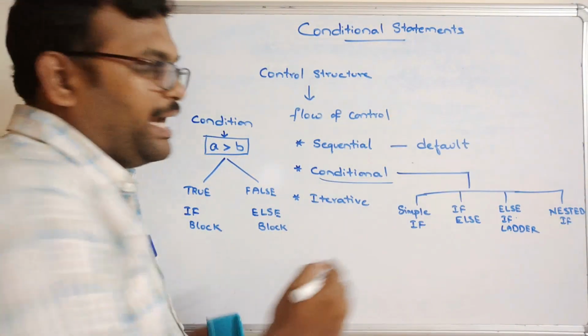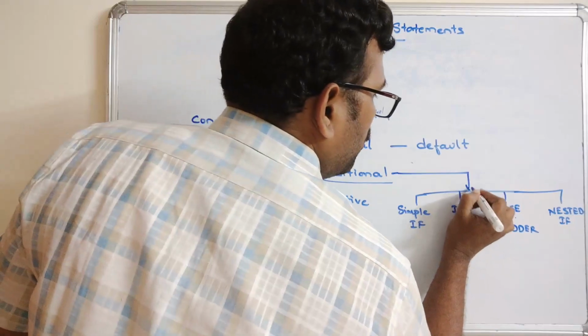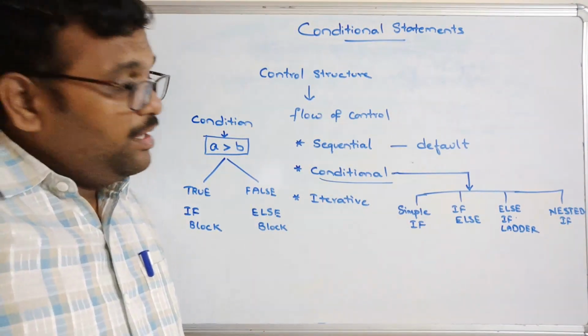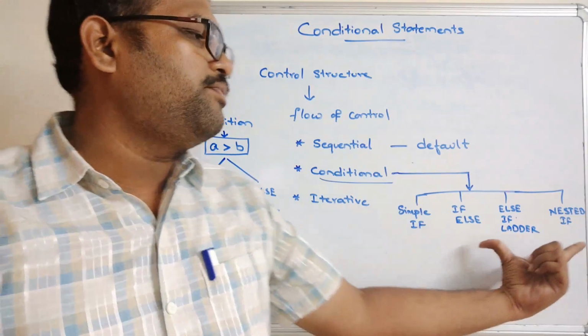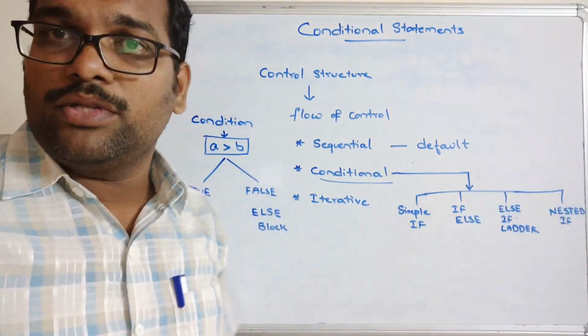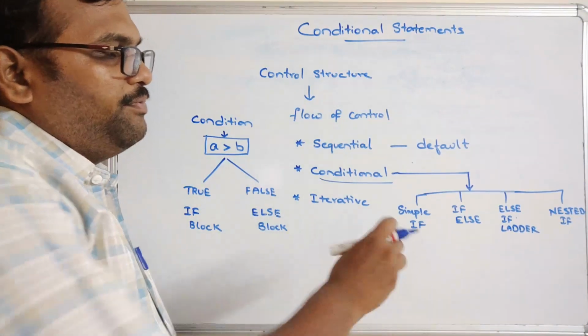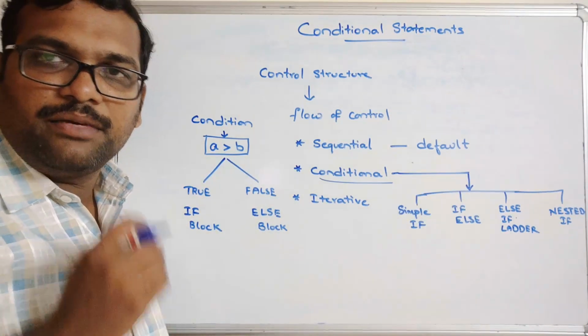These are the 4 categories of conditional statements. Now we'll see the syntax of all these 4, and then we'll move on to R Studio, and I will show you an example for each and every conditional statement, right?